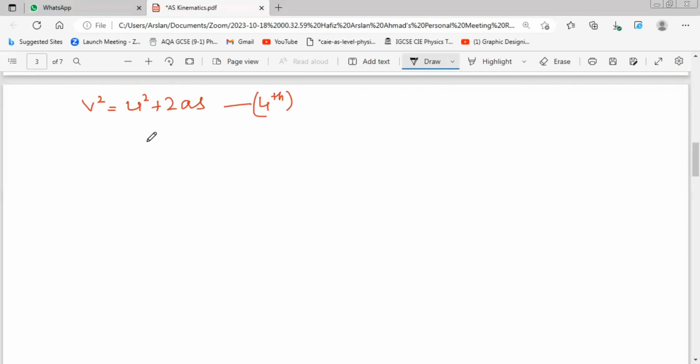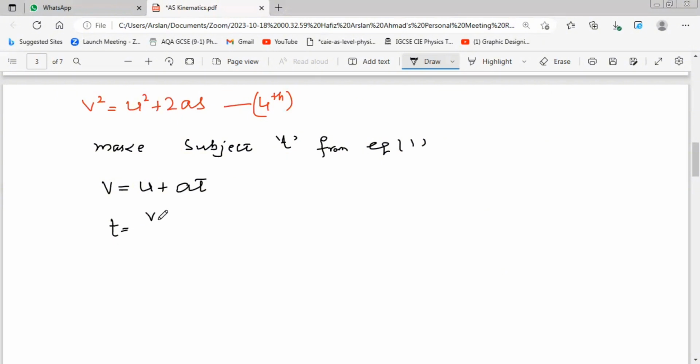This equation can be proved by making t the subject in equation 1 and putting it in equation 2. So first of all, write equation number 1, which is v is equal to u plus at. By making t the subject, we will get t is equal to v minus u divided by a.